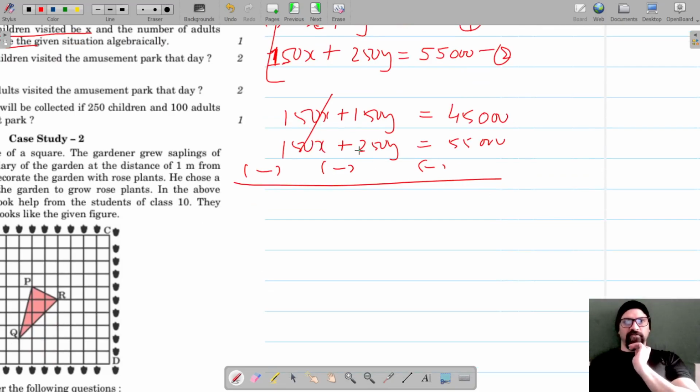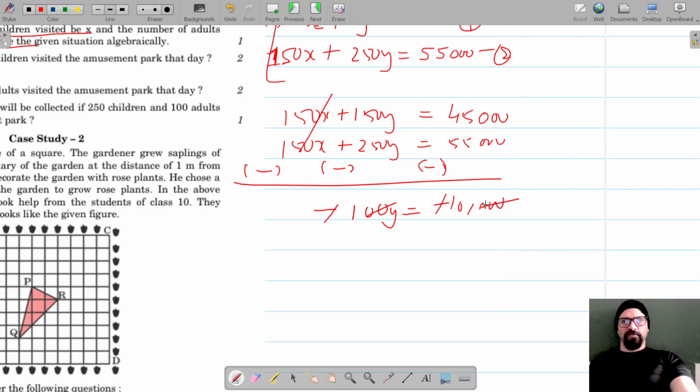If I subtract, this gives me 0, 100y, and 55,000 minus 45,000 is 10,000, which gives me 10,000 is 100y. So the number of adults that visited the park is 100.